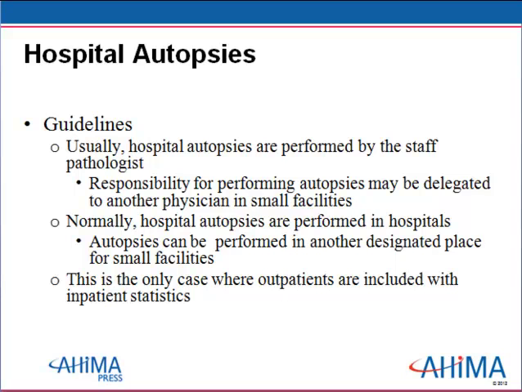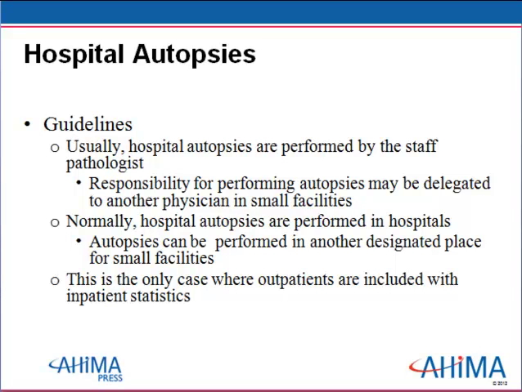When we're determining what autopsies to include in a hospital autopsy rate, these are some of the guidelines that we need to think about. Hospital autopsies are usually performed by the facility pathologist. However, small hospitals, as we talked about, do not always have a pathologist on staff, so that responsibility for doing autopsies may be delegated to another physician.